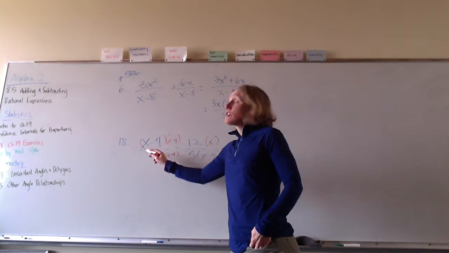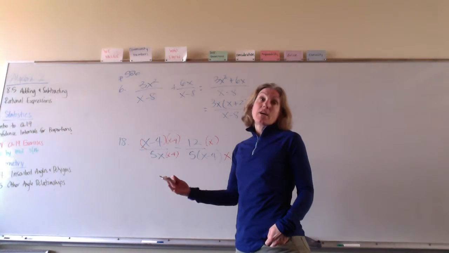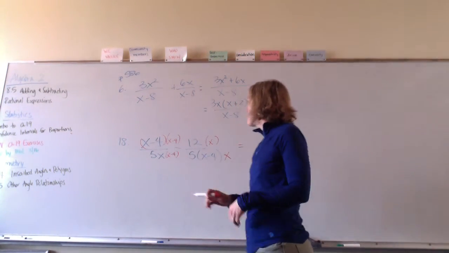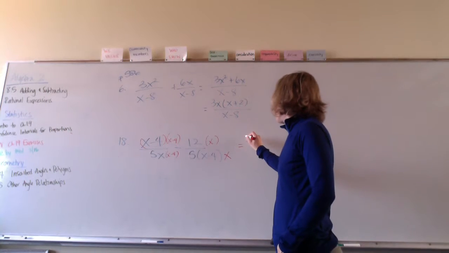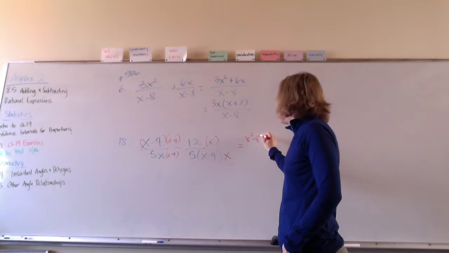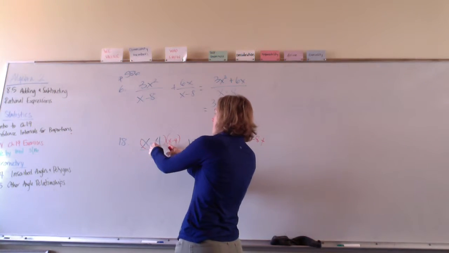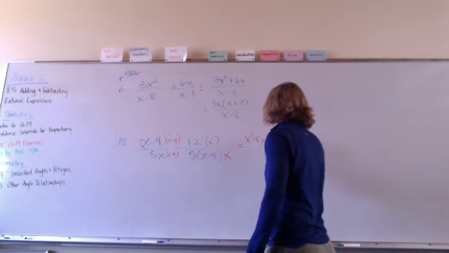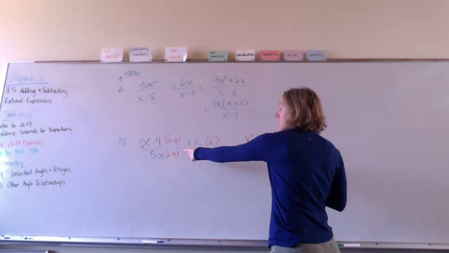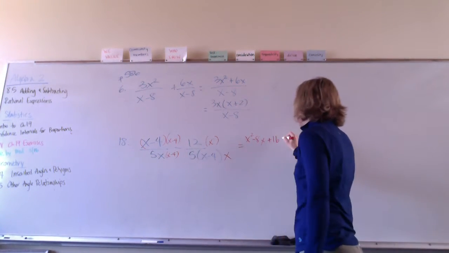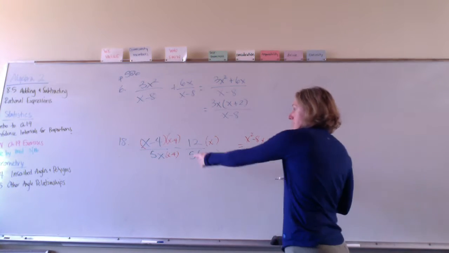I am going to actually FOIL this, and you'll see why, so that I can combine like terms. What happens when you FOIL that? You're going to get x squared minus 8x, because you're going to get a minus 4x minus 4x, plus 16. And now that I have a common denominator, I can subtract my 12x, correct?